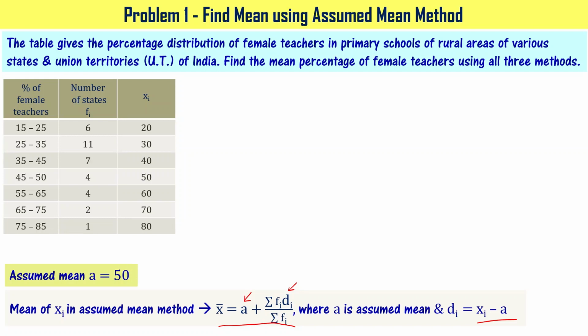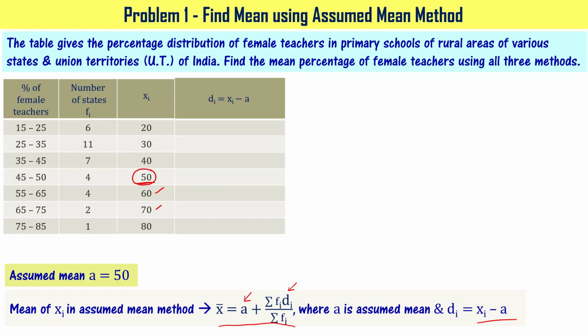Let me assume that the assumed mean a equal to 50. You can take any of the numbers. You can take 40, you can take 60, you can take 70, whatever be, but I chose it to be 50. If assumed mean a equal to 50, we can get di, that is equal to xi minus a, right?